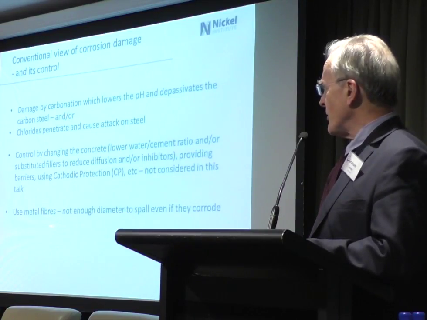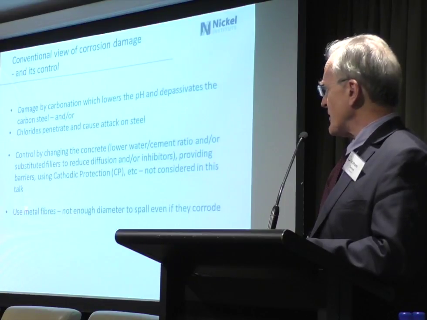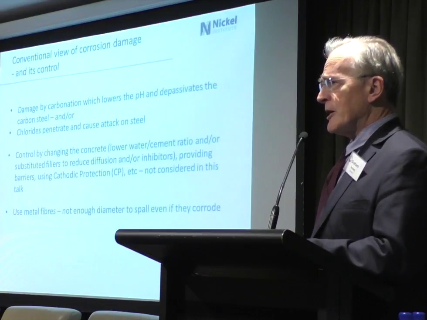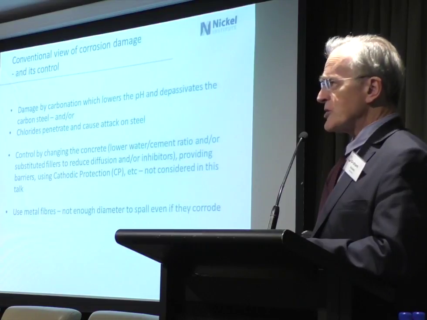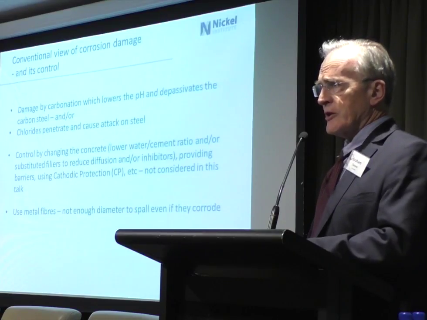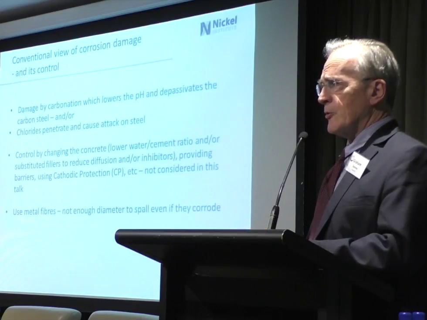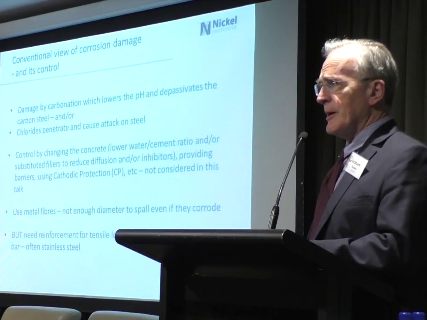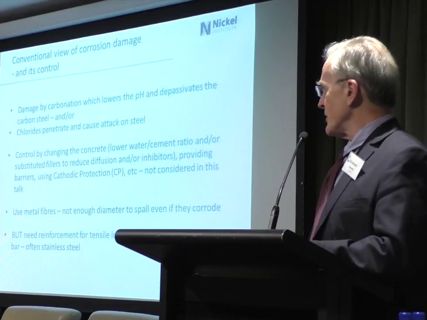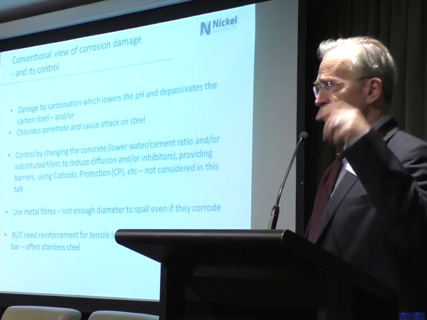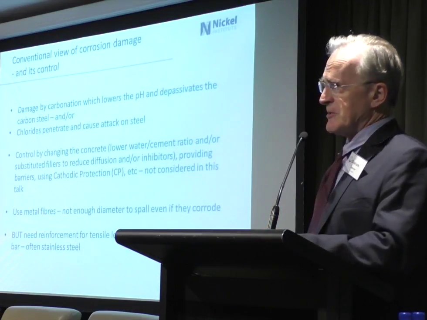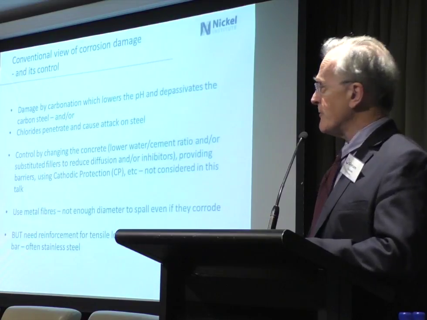Metal fibre is not really going to give you enough expansion to cause a crack, and the only little problem is that it probably won't give you an awful lot of tensile strength unless you put an awful lot of it in. So typically, people are going to want some sort of rebar to give decent strength, and hence, my solution: stainless steel. Except it's not my solution, it's been around for a long while.